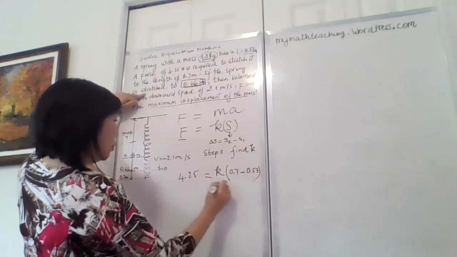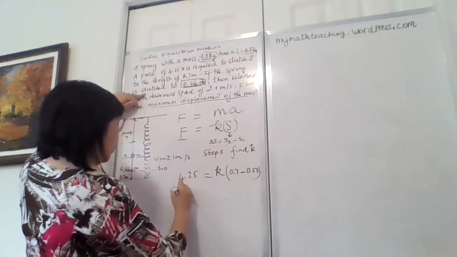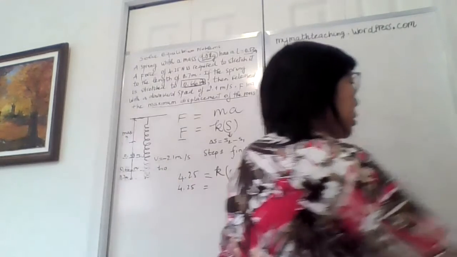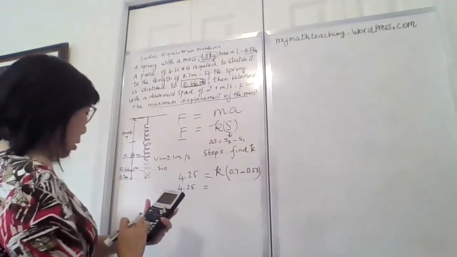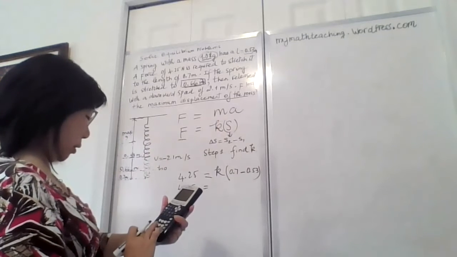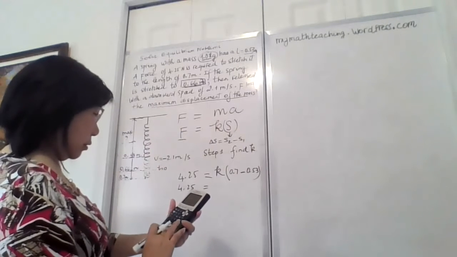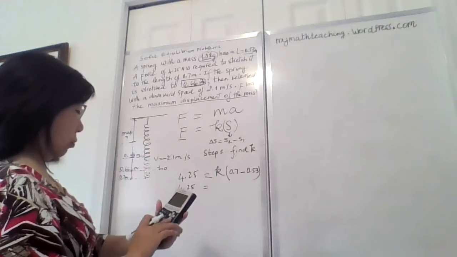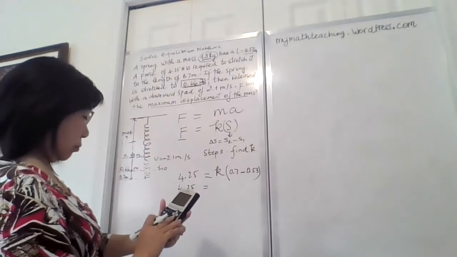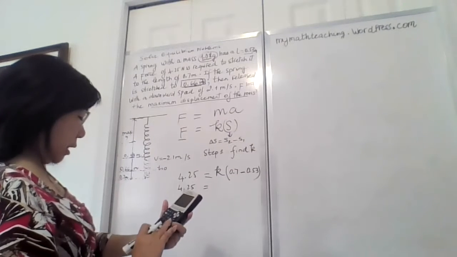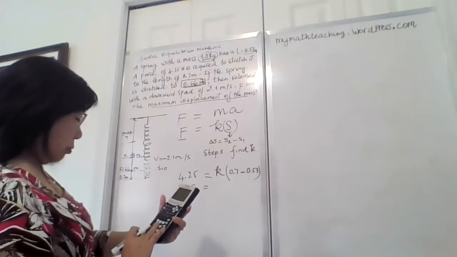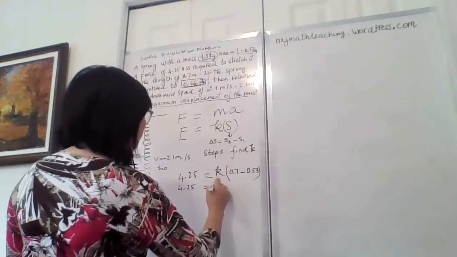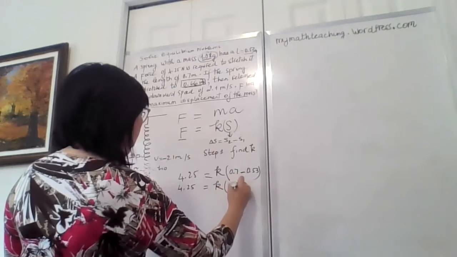So that will give us 4.25 equals k times 0.17, I think, but make sure it's accurate. 0.7 minus 0.53 equals 0.17.